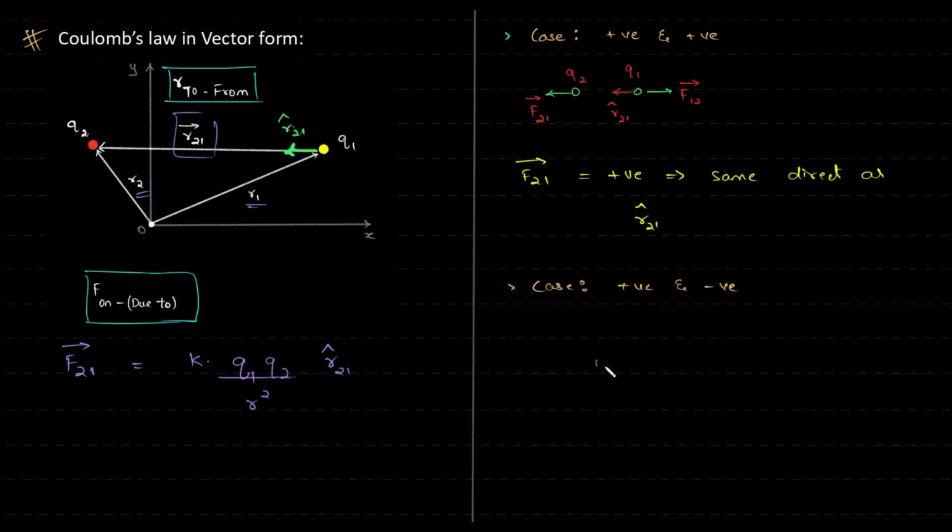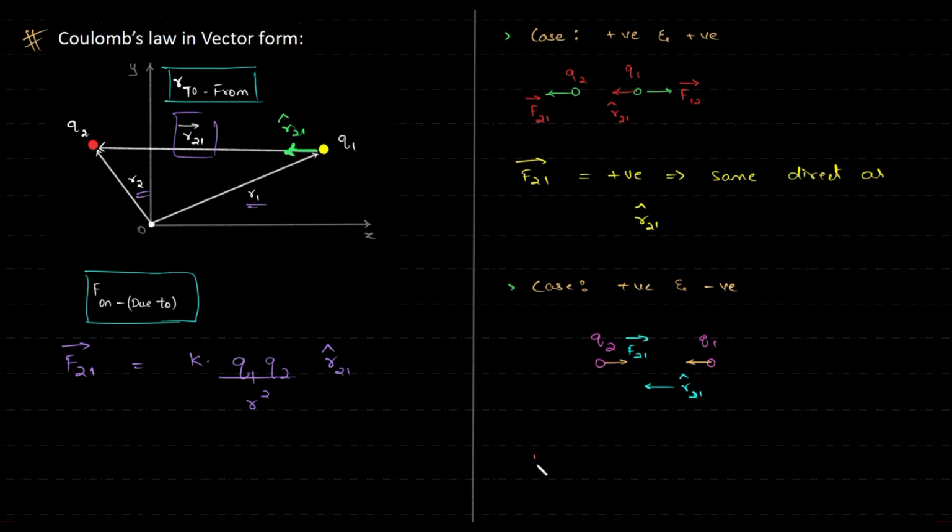Right? What if the charges are opposite, like positive and negative? So what happens? The force is attractive, right? And the unit vector is clearly opposite to that of F21.